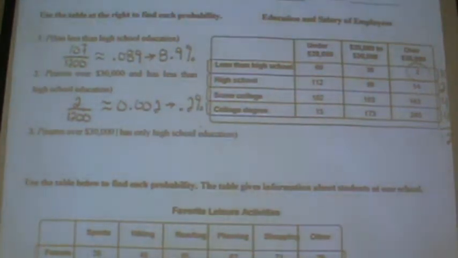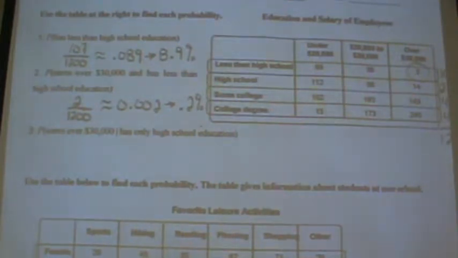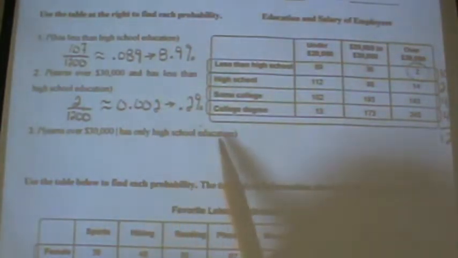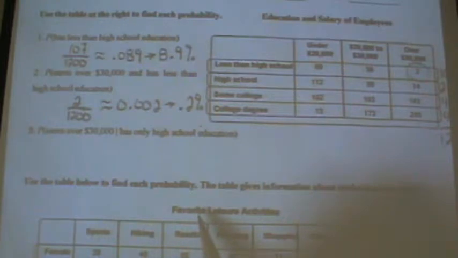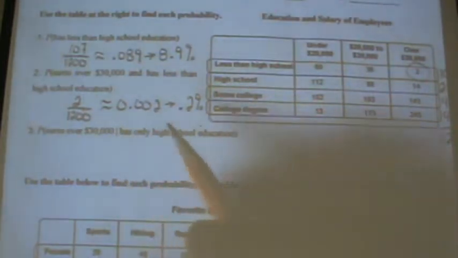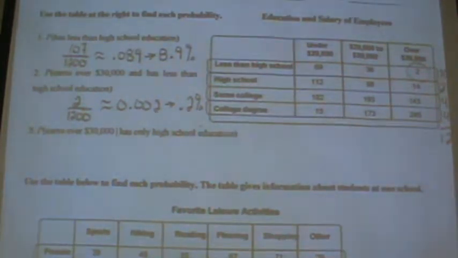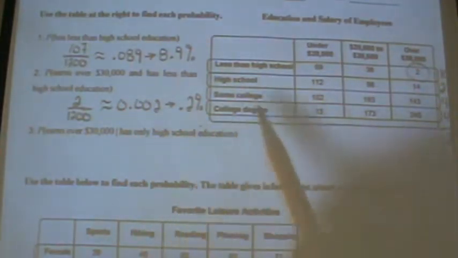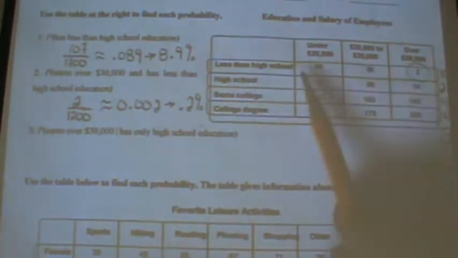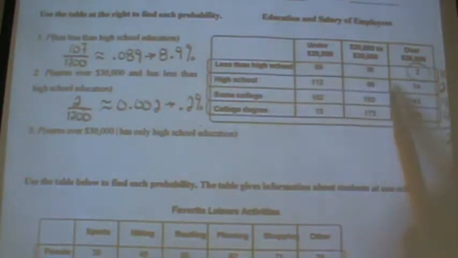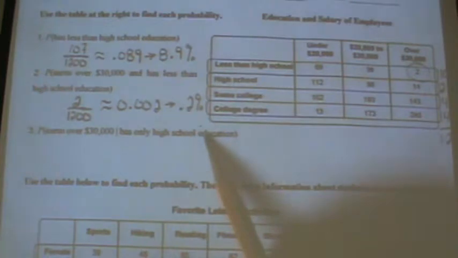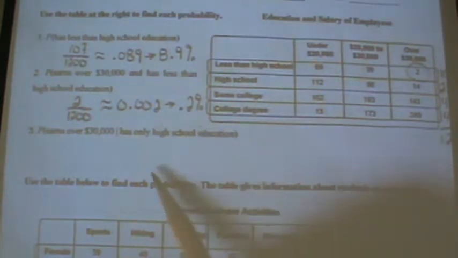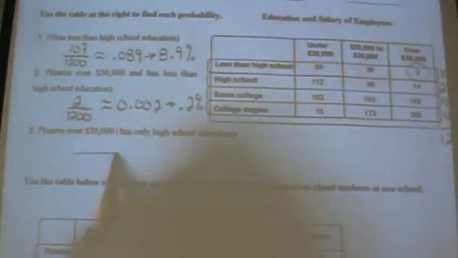Number 3 wants the probability of earning over $30,000 given that they only have a high school education. So for this one, our given is that they have only a high school education. So we're looking at this row, the high school education row. Now this given number is going to be our denominator, so it's going to be on the bottom.